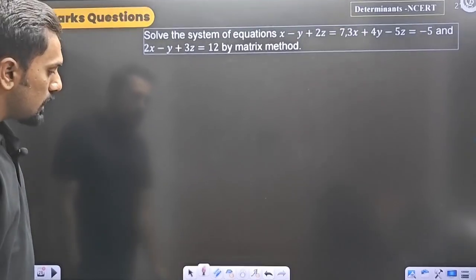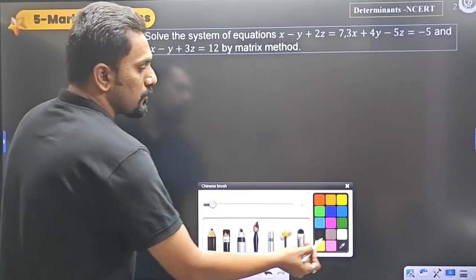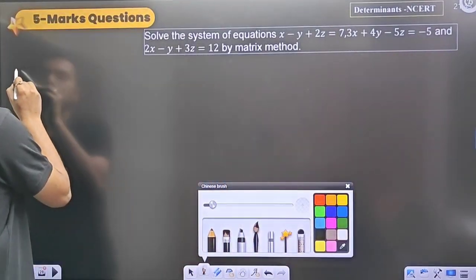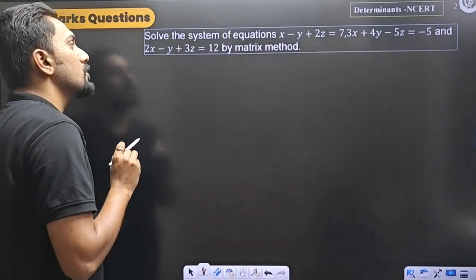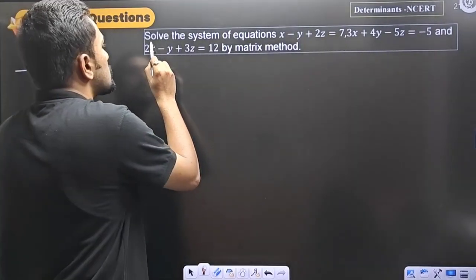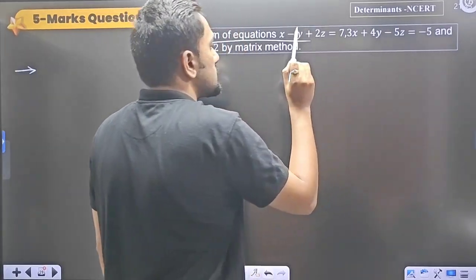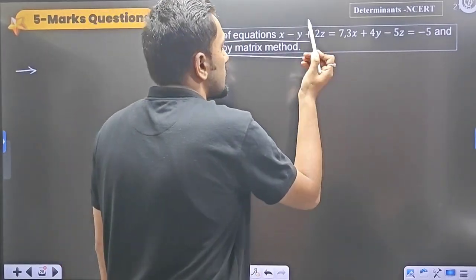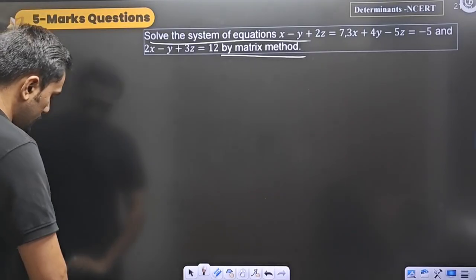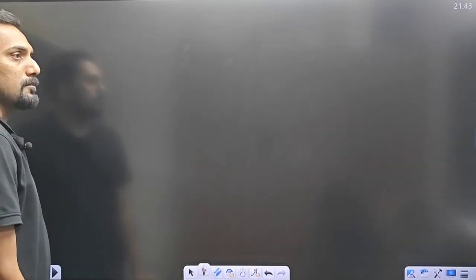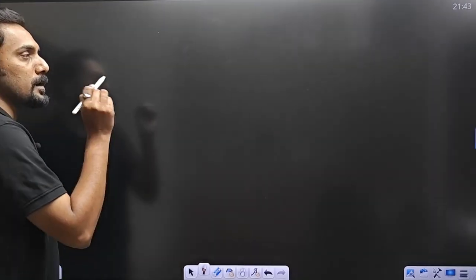And the last model is for 5 marks. Okay, from these determinants, you are going to solve the system of equations by using the matrix method. Which method? Matrix method. So before going to that, let me explain the matrix method. What do you mean by matrix method?